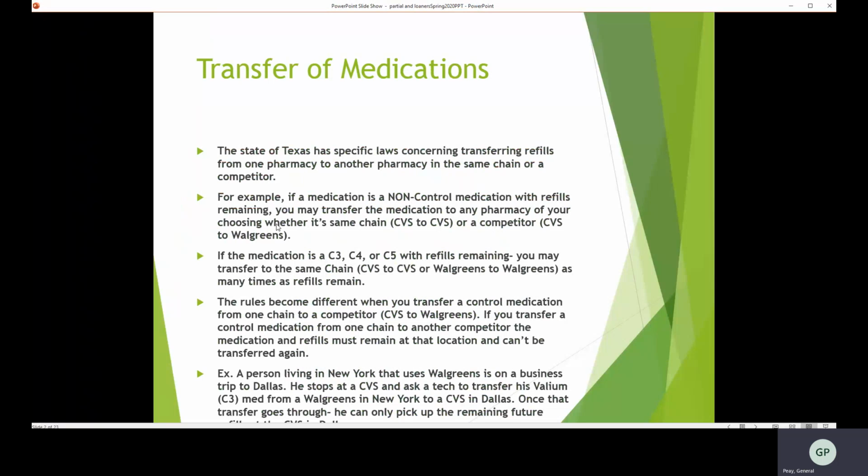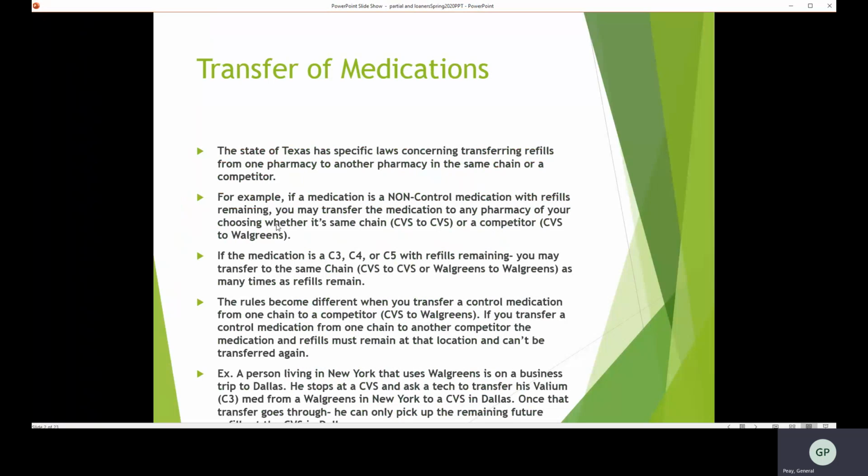You must pick up all the remaining refills at that specific location on Main Street. You can't transfer it any further. So the big rule is, if you have a controlled medication and you go from one company to a competitor, once you transfer it to that competitor, you must pick up the remaining refills at that specific location.